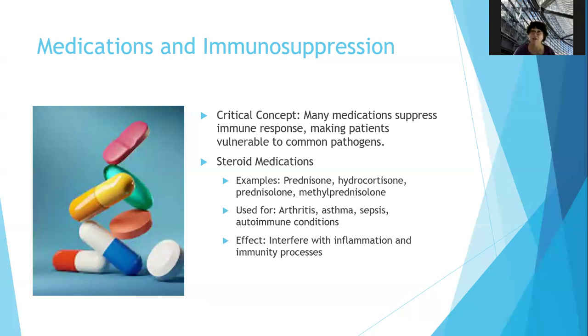Say that you have plantar fasciitis and you have to get a cortisone injection in your foot. That's going to temporarily diminish your immune response. So really think about it when you look at medication lists that people are on. Are these things going to be diminishing their immune response?